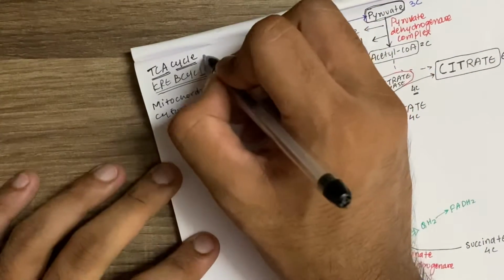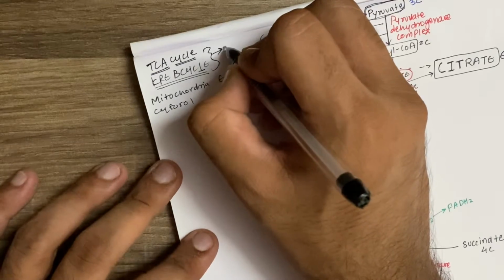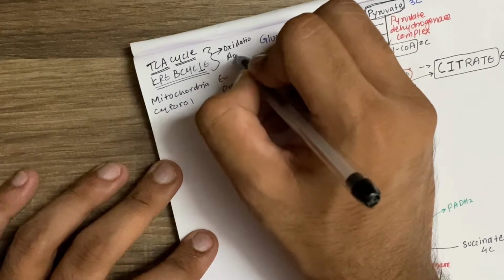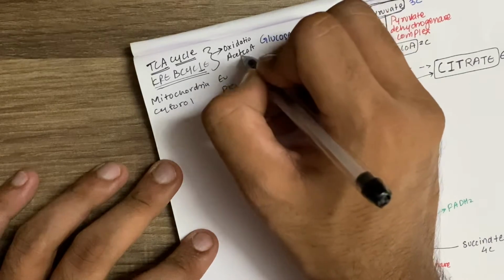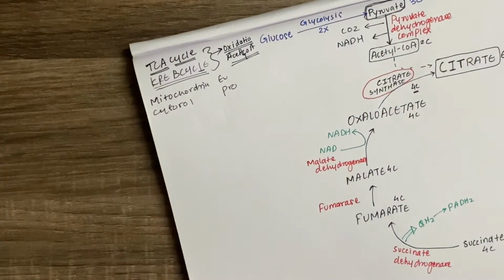This is basically the oxidation of acetyl coenzyme A, and generation of ATP happens through this phase.